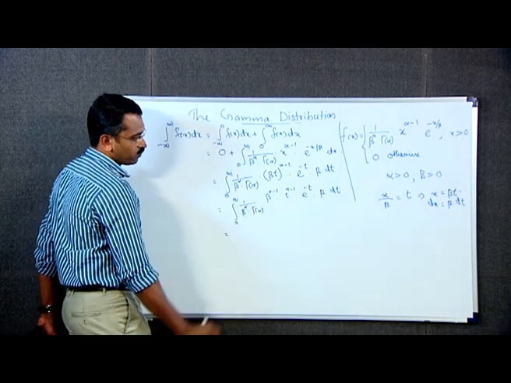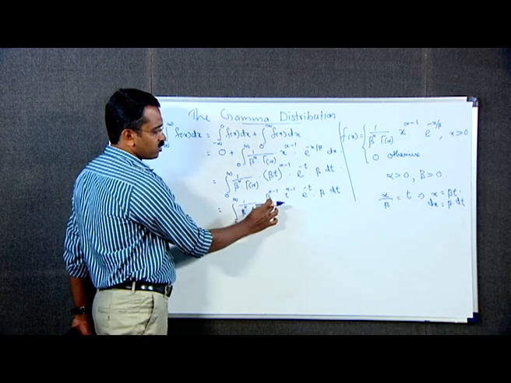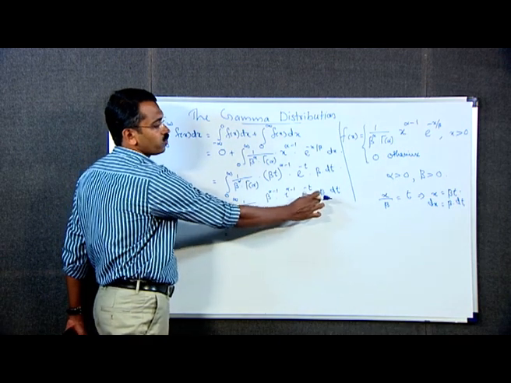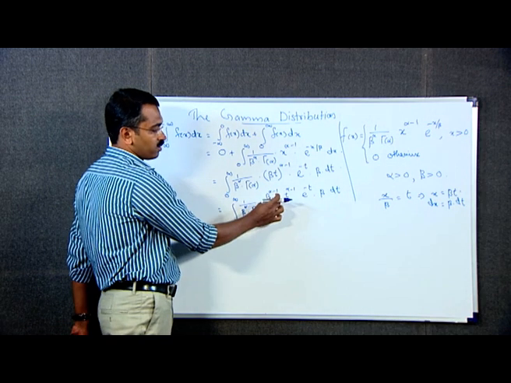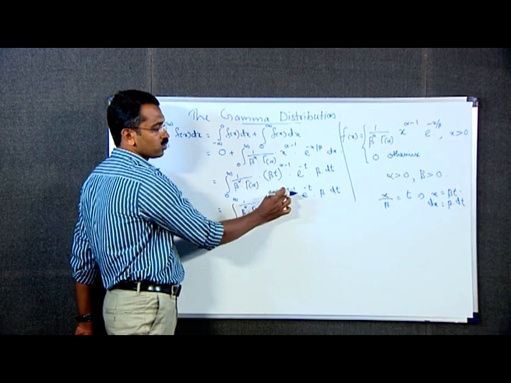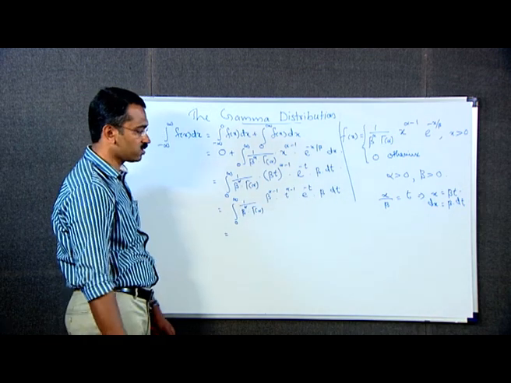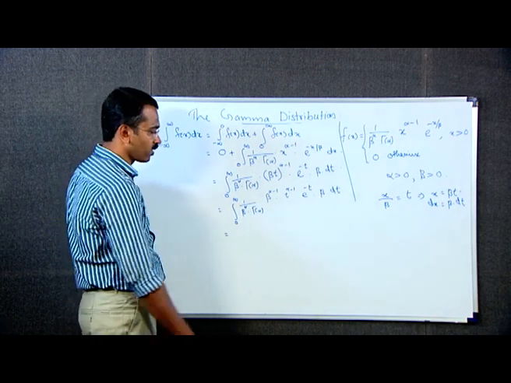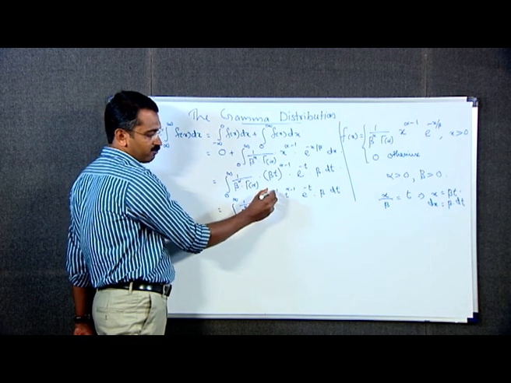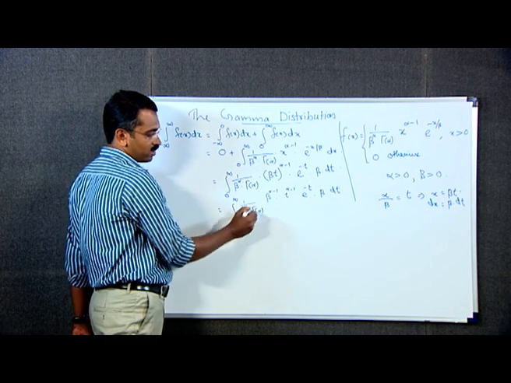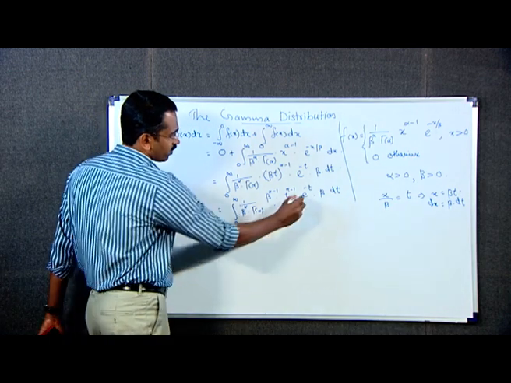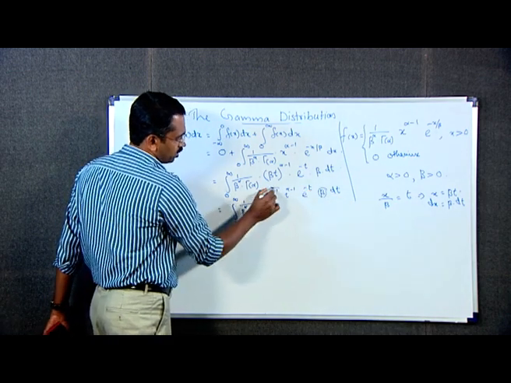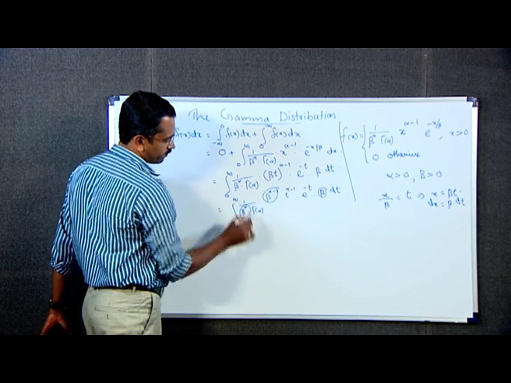This is equal to β^(α−1) times β, which means β^(α−1+1), that is β^α. The β^α in the denominator will be cancelled. Therefore, these terms are cancelled.